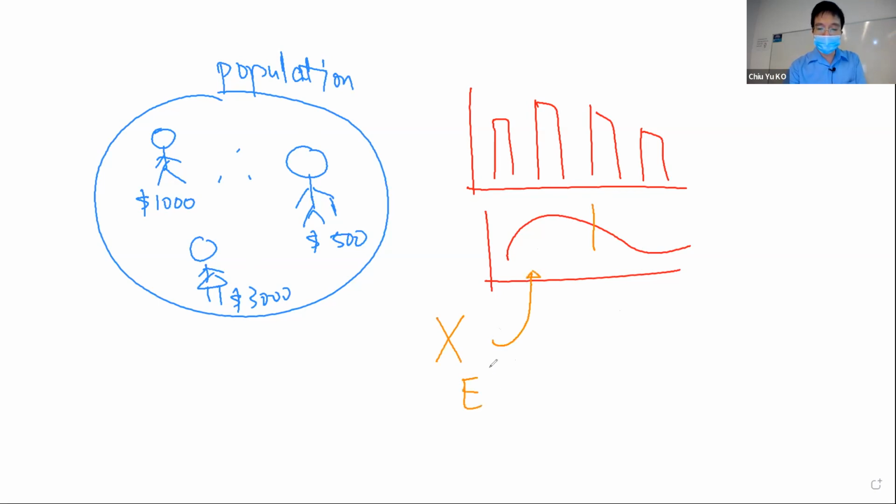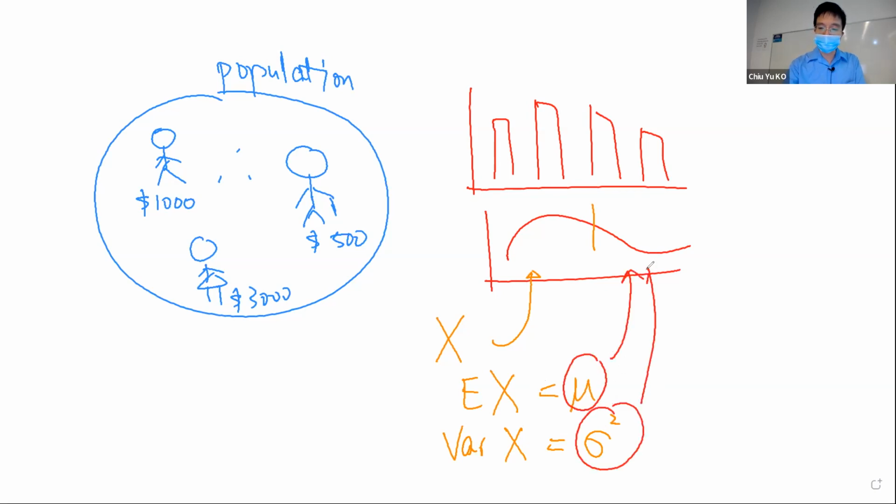And the mean of this random variable will be the same as the mean of this data, which is called mu. The variance of this will be the same as sigma square. Do note that the mu and sigma come from the data of the population.